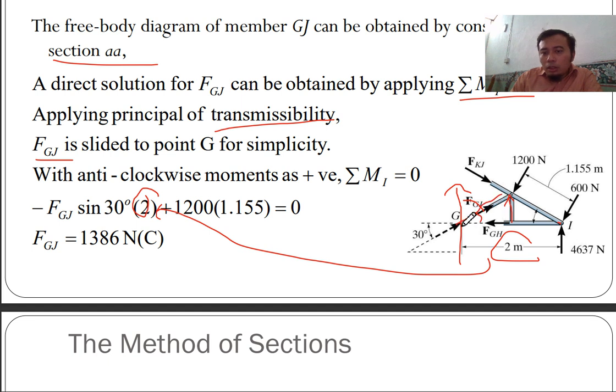So sin theta of FGJ is equal to this force, which you resolve to here. This is trigonometry, and then you have 1200 times 1.5. So you solve for it. So very short. You don't have to solve for GH or KJ to get the value of GJ.